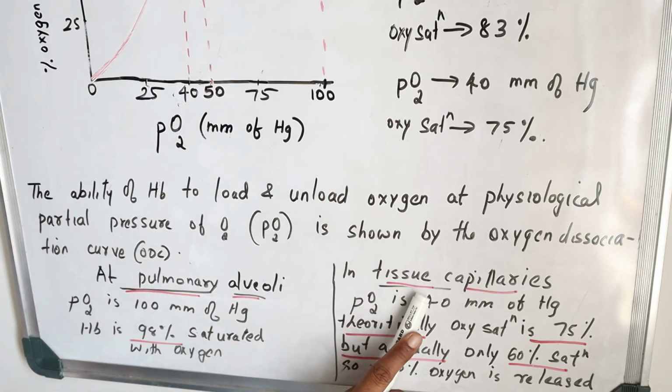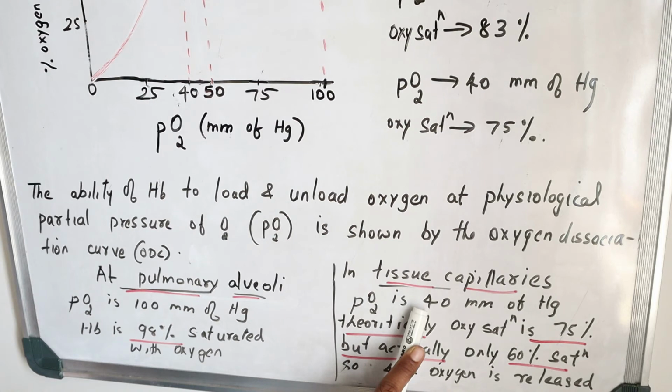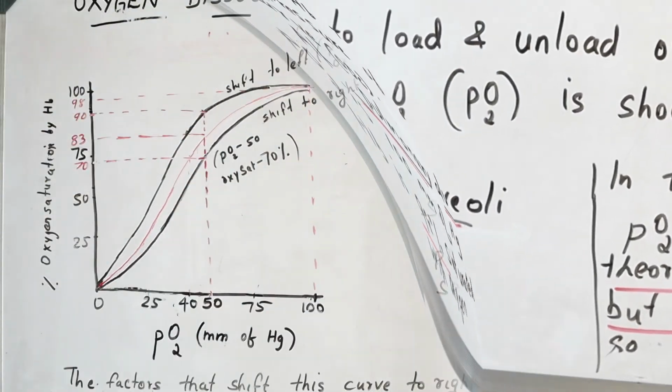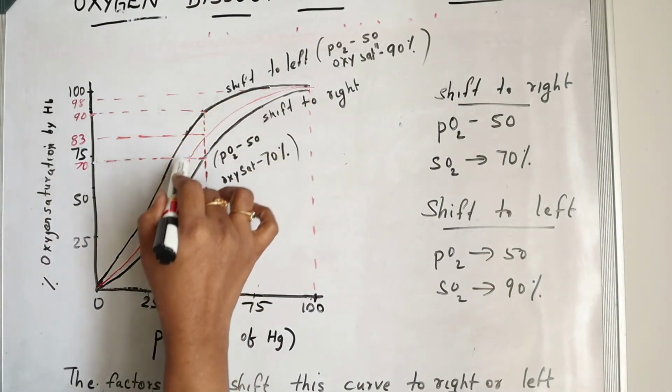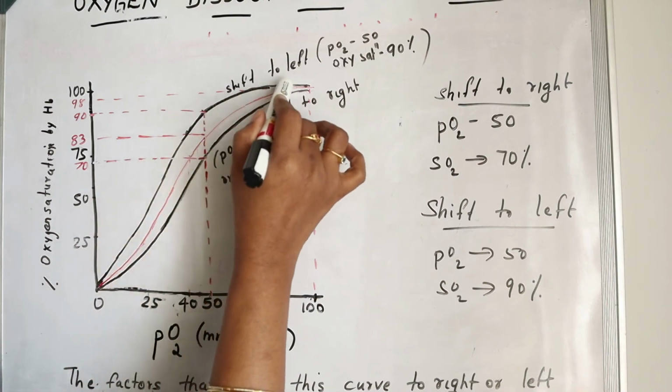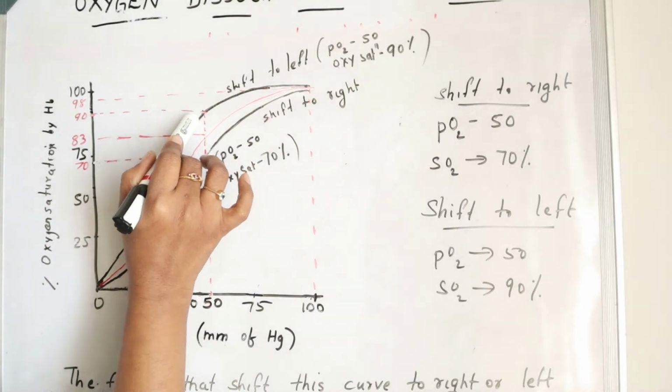Coming to tissue capillaries, even though theoretically the oxygen saturation is 75% because the partial pressure of oxygen is 40, normally or actually 60% saturation can be seen there. There are certain factors that will shift this curve, the red colored one shown, to the right side or to the left side.